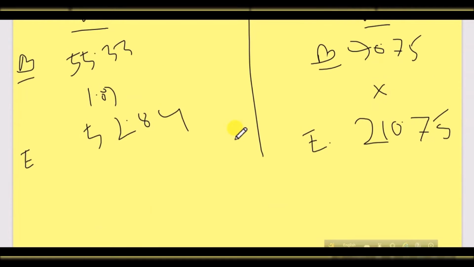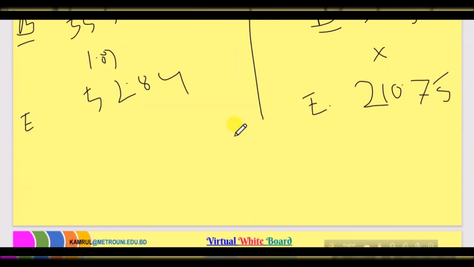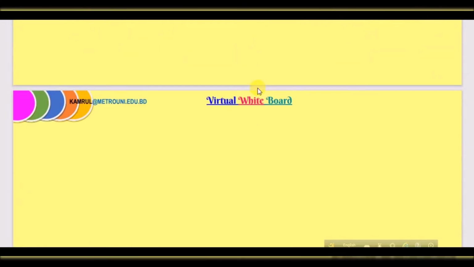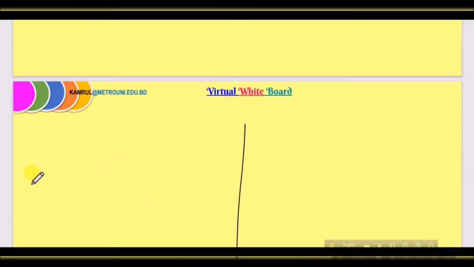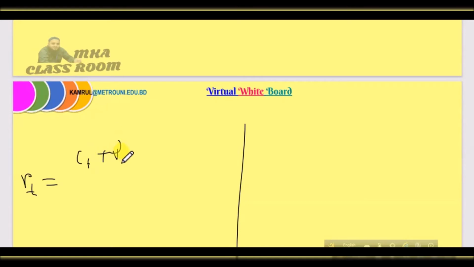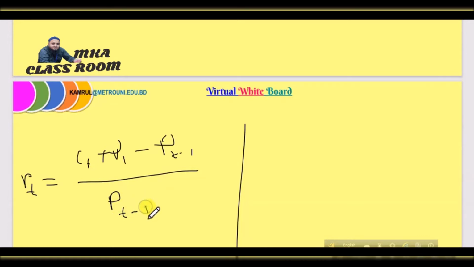So at first we will calculate Walmart's return. We know the formula for return: R_t equals C_t plus P_t minus P_t-1, divided by P_t-1.